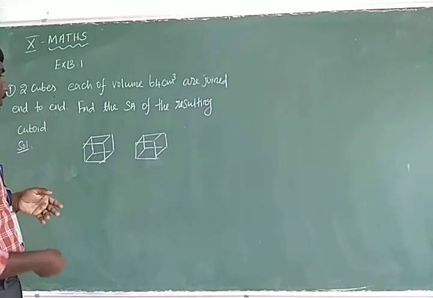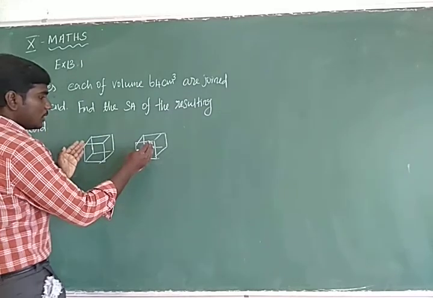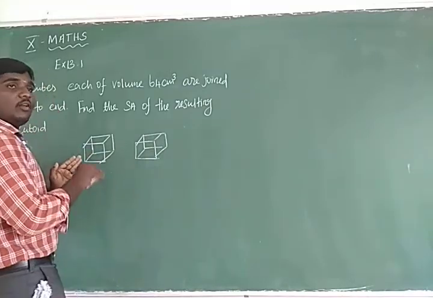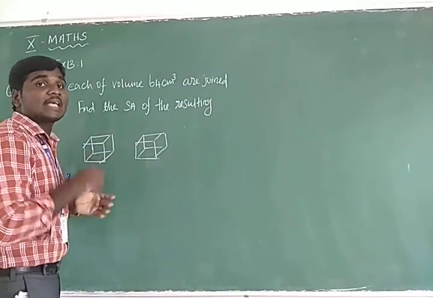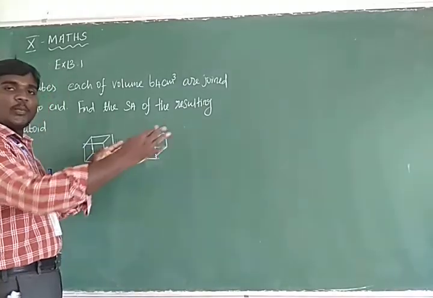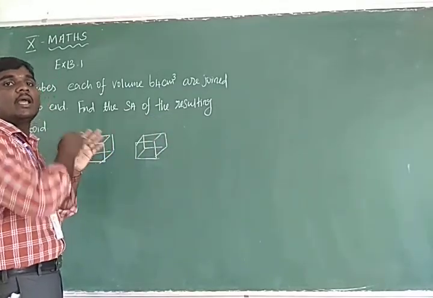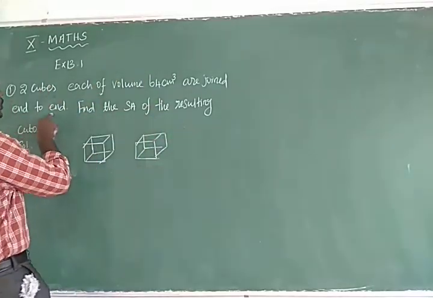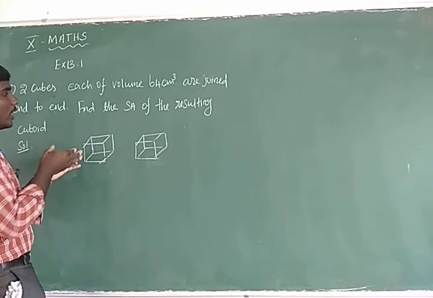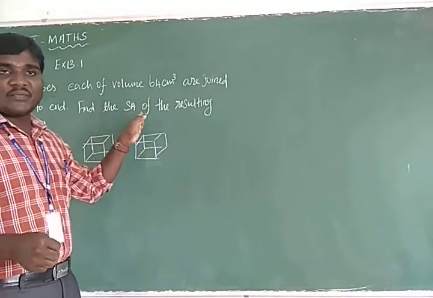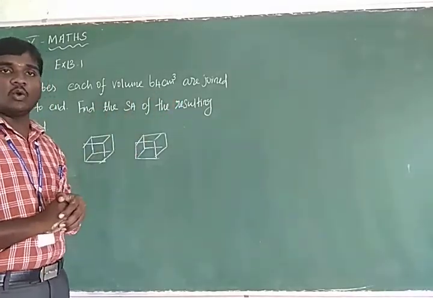So the two cubes are joined, and you get a new shape, a cuboid. Find the surface area of the resulting cuboid.